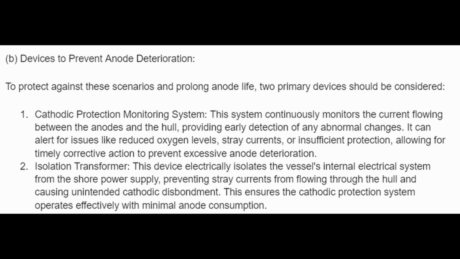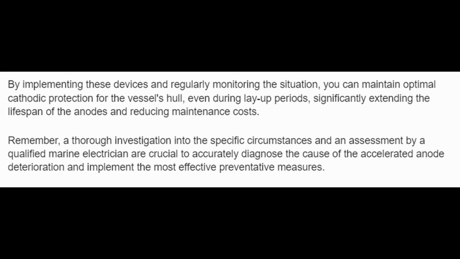This ensures the cathodic protection system operates effectively with minimal anode consumption. By implementing these devices and regularly monitoring the situation, optimal cathodic protection can be maintained for the vessel hull even during lay-up periods, significantly extending the lifespan of the anodes and reducing maintenance costs.